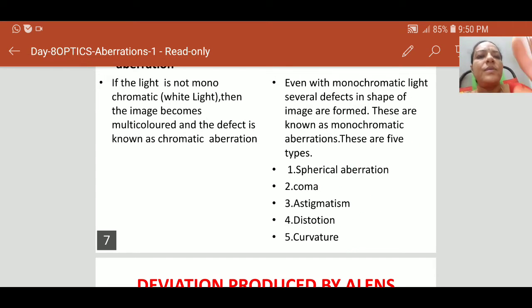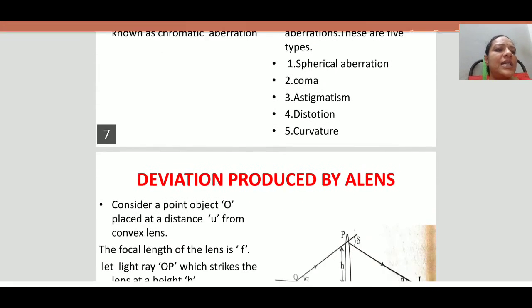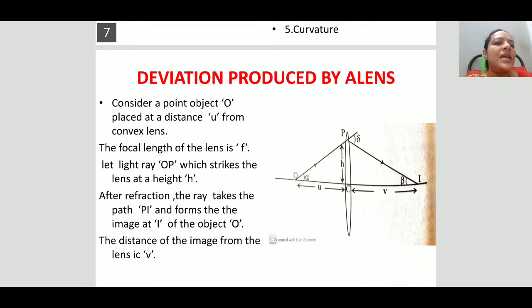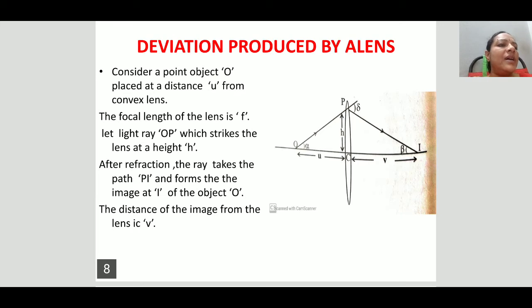Before going to discuss this chromatic aberration, let us know about the deviation produced by the lens, because these defects, these aberrations, depend upon the deviation produced by the lens also. Let us know how much deviation is produced, and on which factors this deviation depends.